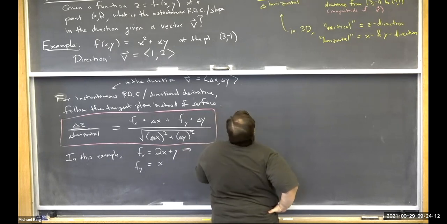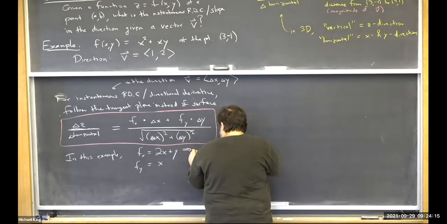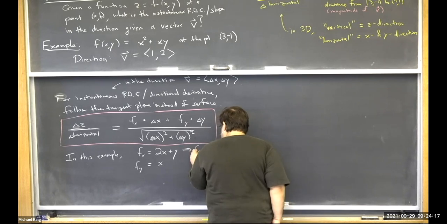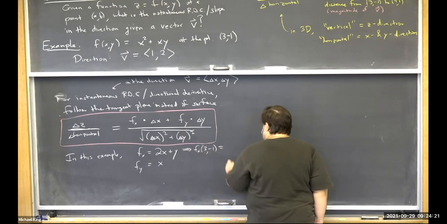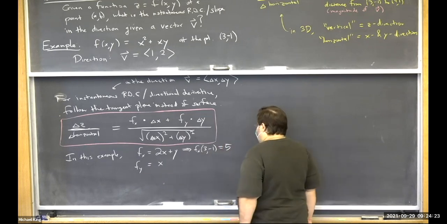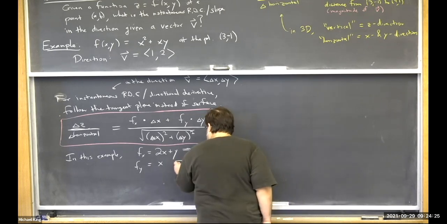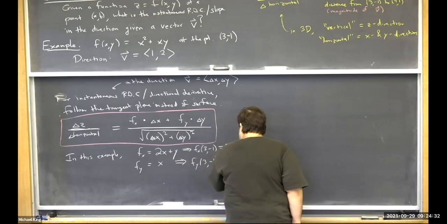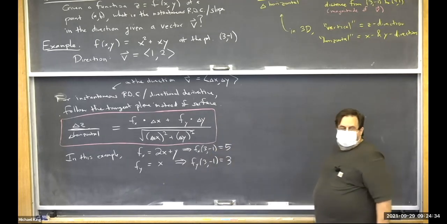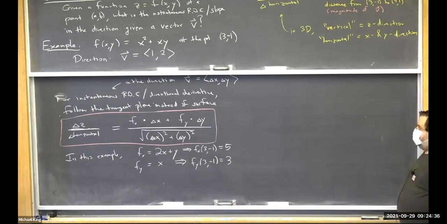And so at the point 3, -1, that's what we want to think about, right? That's 2 times 3 minus 1, which is 5. And at the point 3, -1, this is just 3. So 5 and 3, the two numbers.